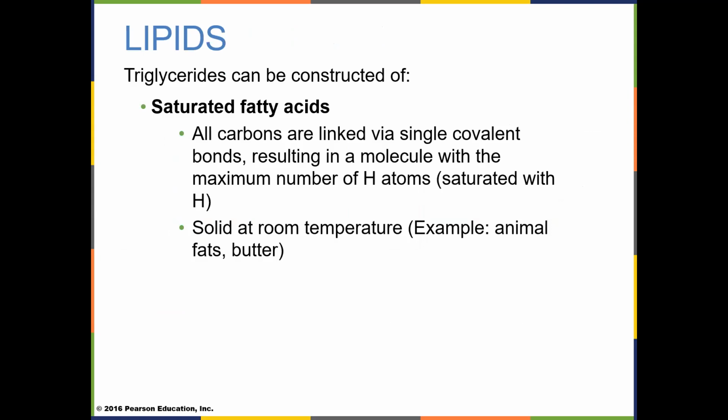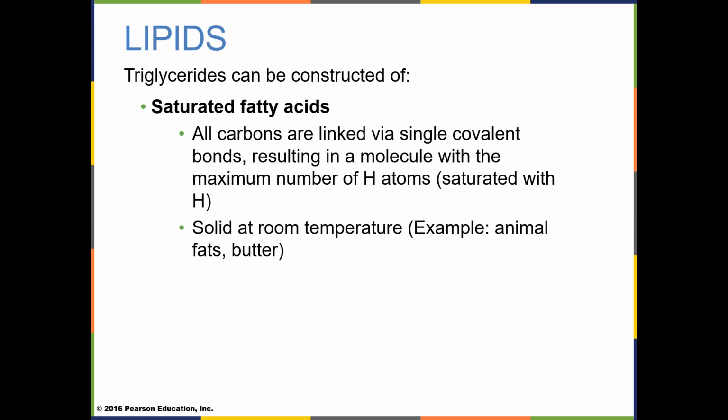Now lipids, we're talking triglycerides. Lipids can be made up of saturated fatty acids. A triglyceride, the number one lipid here, can be made up of what we call saturated fatty acids.